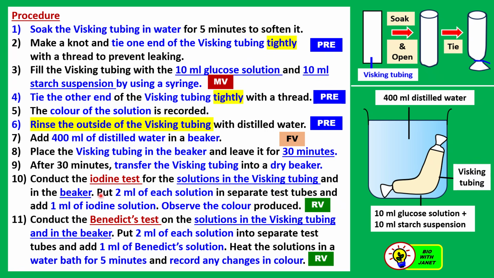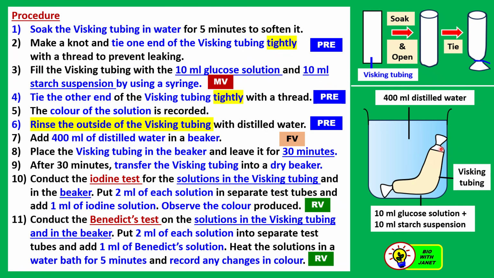Next, take out the Visking tubing after 30 minutes or 15 minutes, then transfer it to a dry beaker, and open up the Visking tubing and conduct the iodine test for solutions in the Visking tubing. And also, whatever is left in the beaker, you have to also test. This is also important.